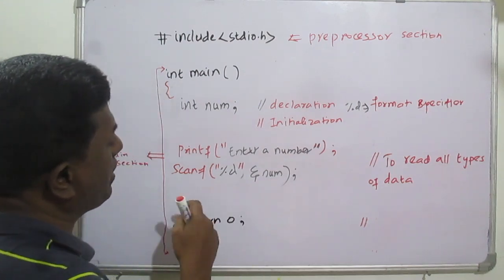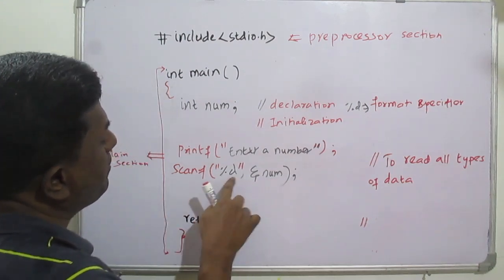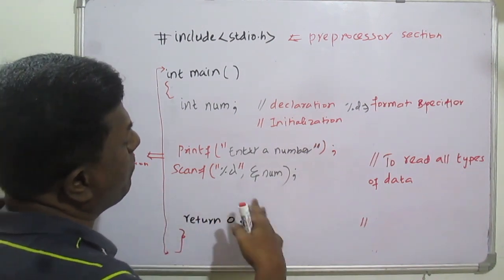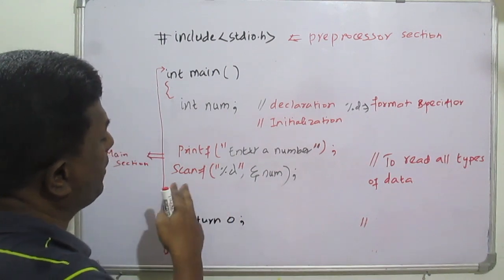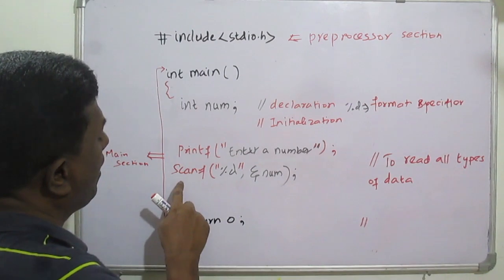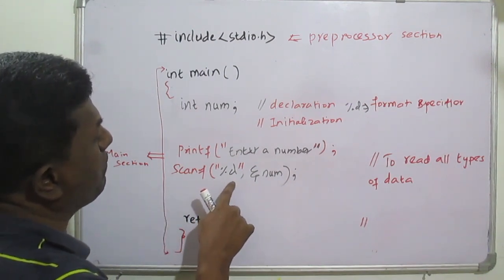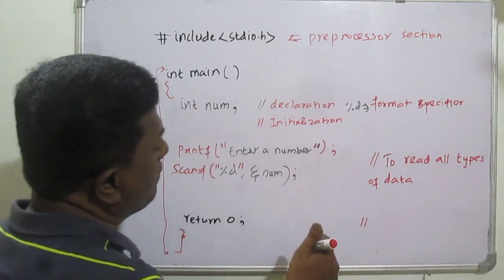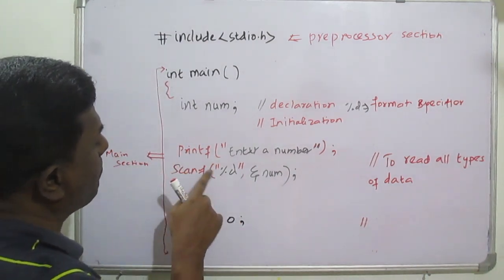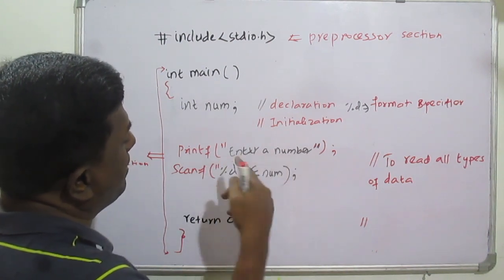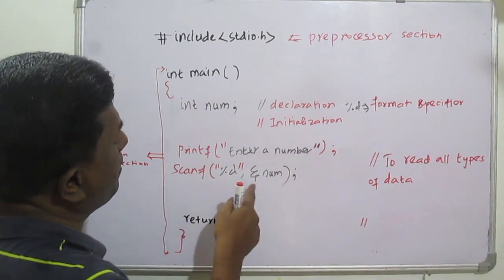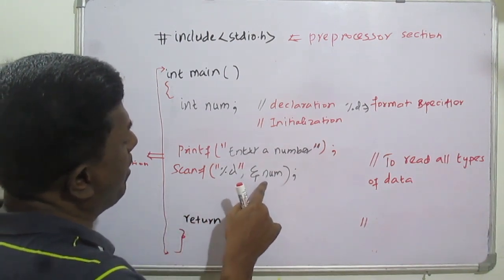Then it has one more function, which happens during the runtime. During the runtime, scanf is used for entering the input, that means assigning a value to the variable. Whenever we run this program, first the text 'enter the number' is printed on the display screen, and next comes scanf with percentage d and ampersand num.